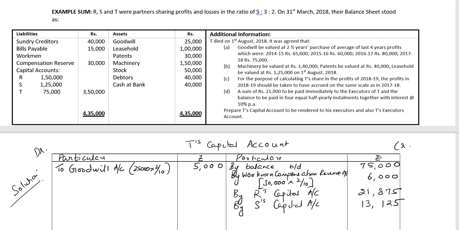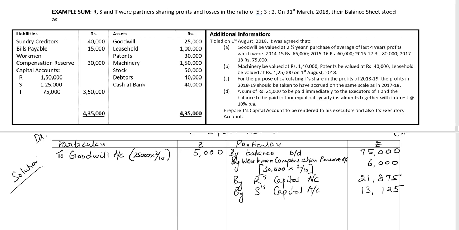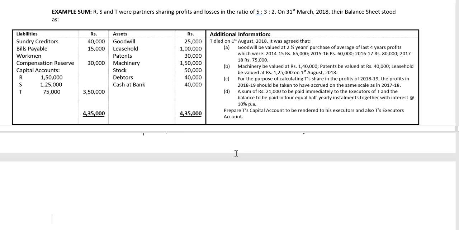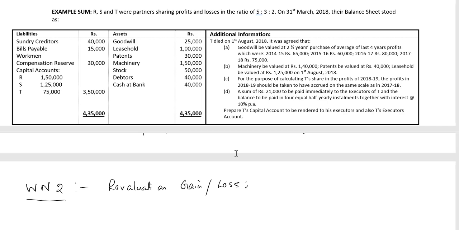Next, we'll go to point B. The assets and liabilities have been revalued. Working note 2. Revaluation gain or loss.